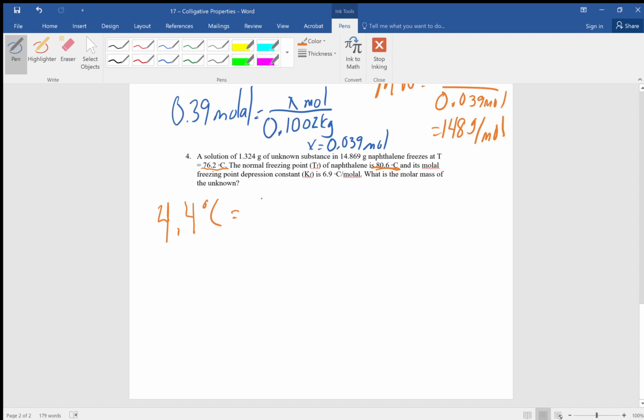The Kf value is given here as 6.9. Again, because we're dealing with an organic solvent, a hydrocarbon, we're not going to have an ionic solute, so we can assume the Van Hoff factor is 1 times the molality. So our molality here is 0.64 molal.